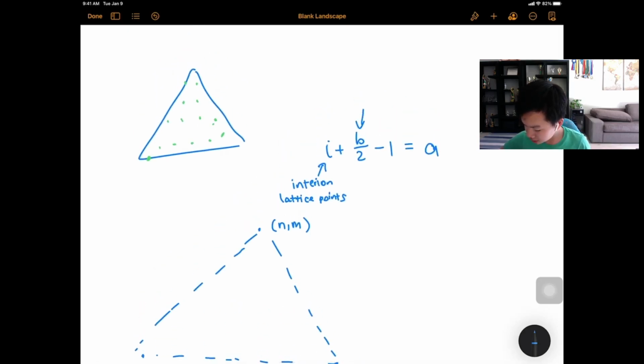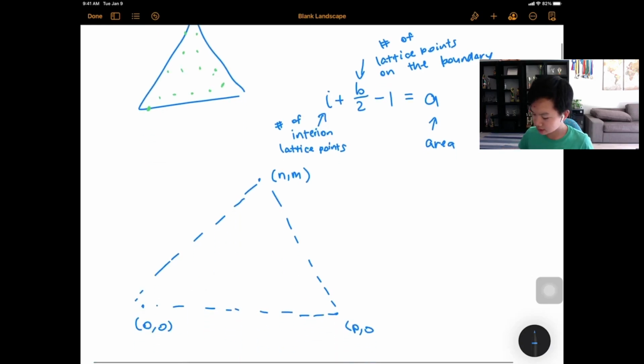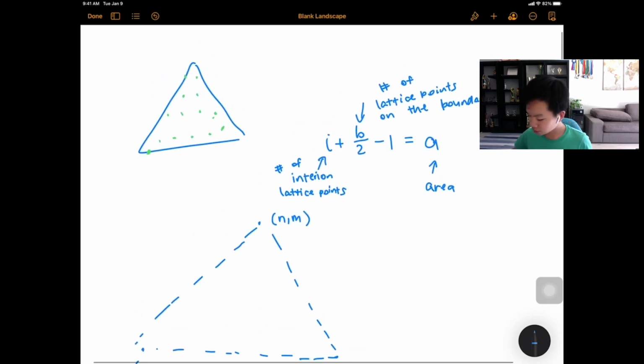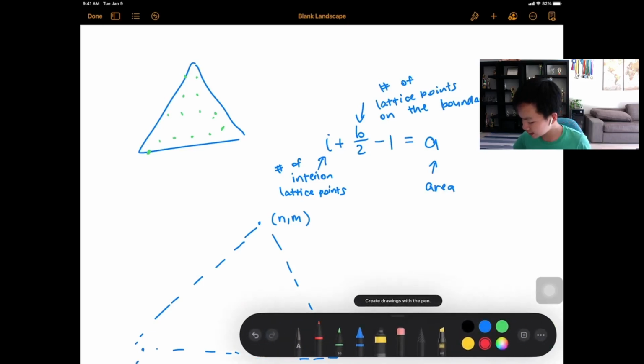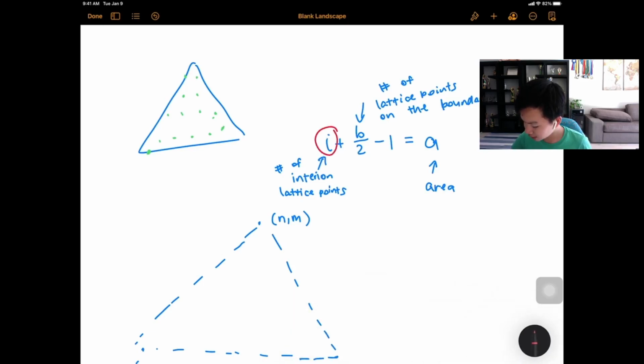B over here is the number of lattice points on the boundary. And A over here is the area of your polygon. So right now in this problem, we're going to try to find what I is.